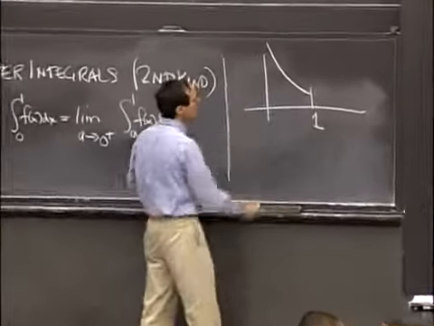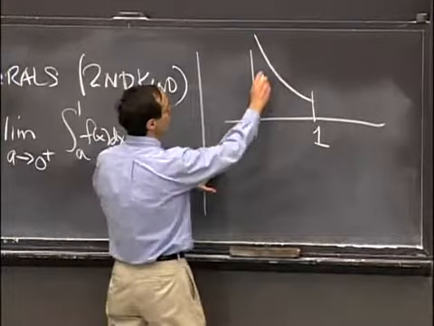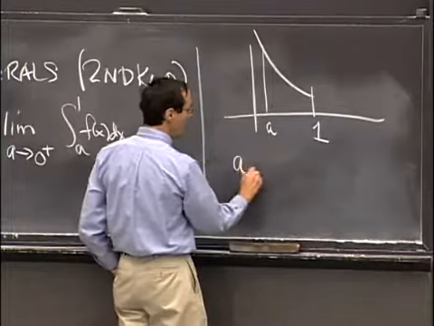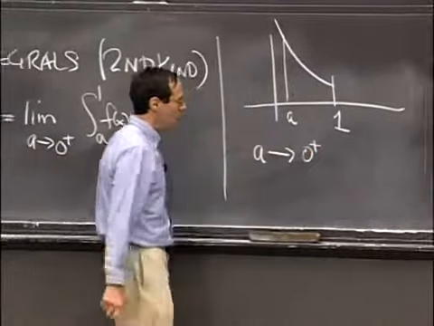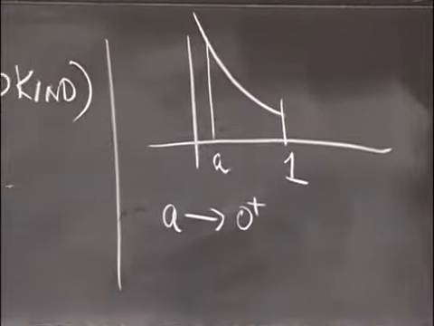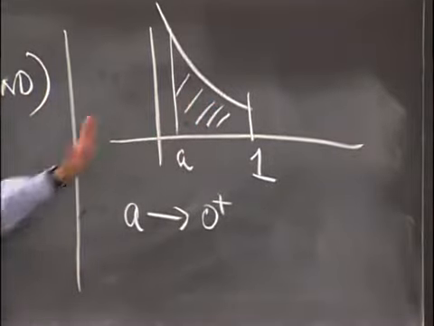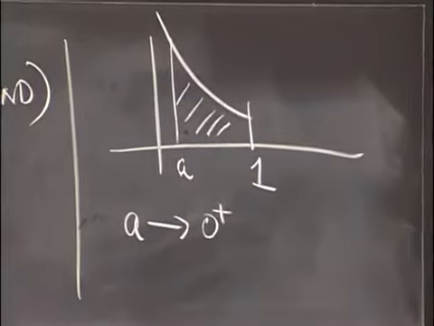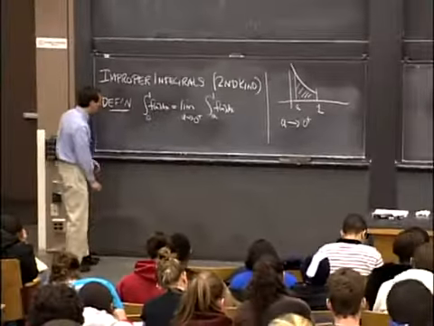And we don't know whether the area enclosed is going to be infinite or finite. And so we cut it off at some place a, and we let a go to 0 from above. So really it's 0 plus. So we're coming in from the right here. And we're counting up the area in this chunk, and we're seeing as it expands whether it goes to infinity or whether it tends to some finite limit. Right? So this is the example, and this is the definition.